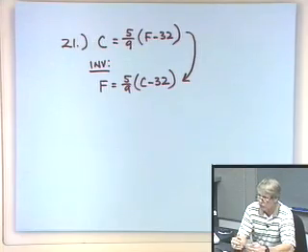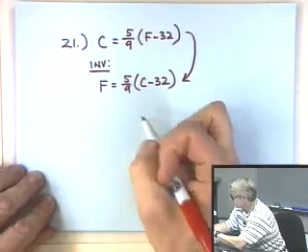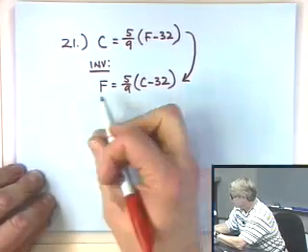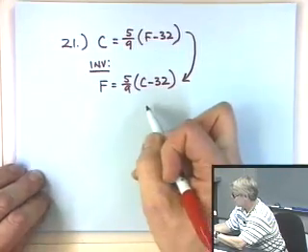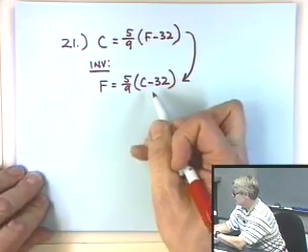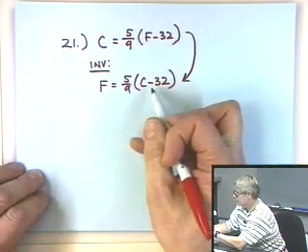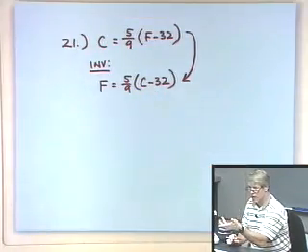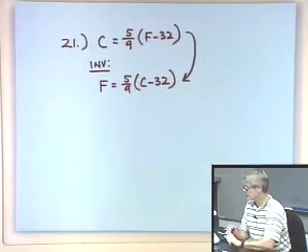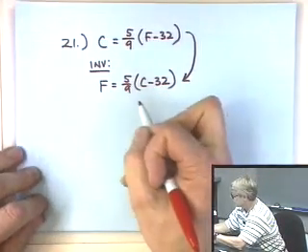We're going to go to another function, which is the inverse function. So we interchange the roles of C and F and solve for C. We would typically interchange x and y and solve for y. We're going to interchange C and F and solve for C.